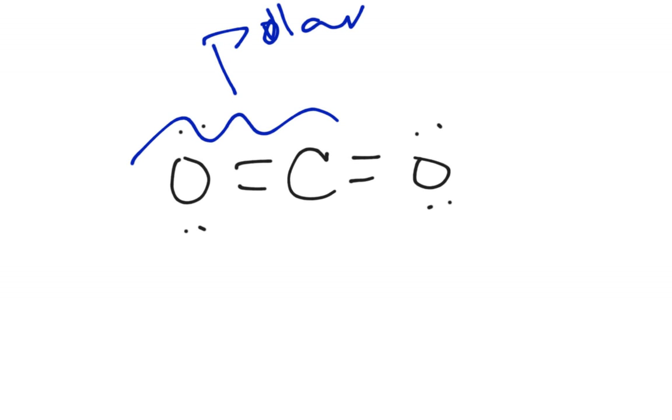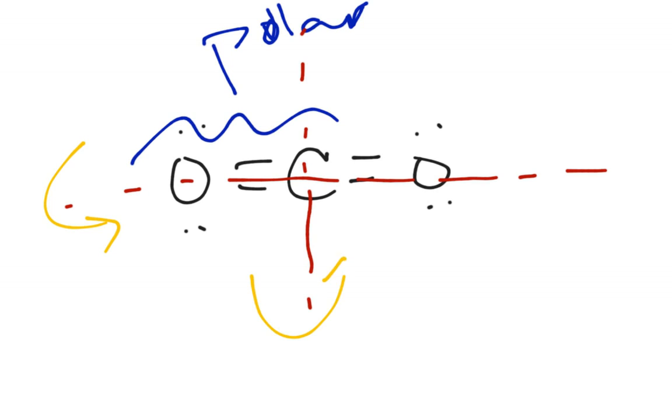Okay, so something a little bit more complicated then. Carbon dioxide. Well, this is a polar bond, right? Carbon to oxygen. Oxygen is very much more electronegative than carbon, so that is a polar bond. But if we look at the symmetry, this looks like this, so this is a nonpolar molecule.